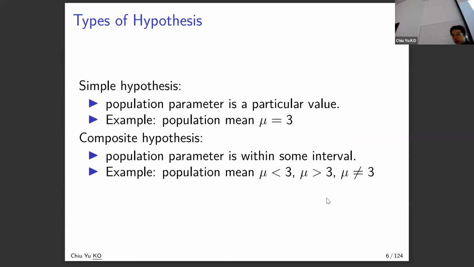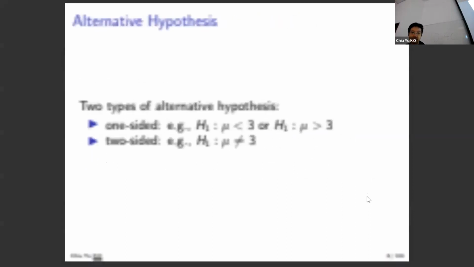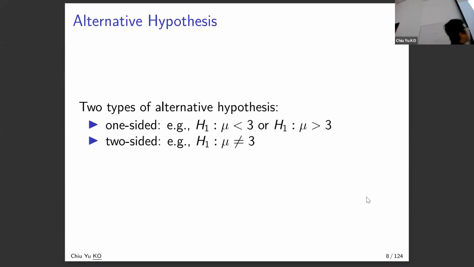I will tell you when to use what in a second. In the composite, we can further decompose it into two parts: one-sided or two-sided. If it is less than, it's one-sided, or more than, one-sided. If not equal to, it actually means more than or less than. I'll give you more detail now.